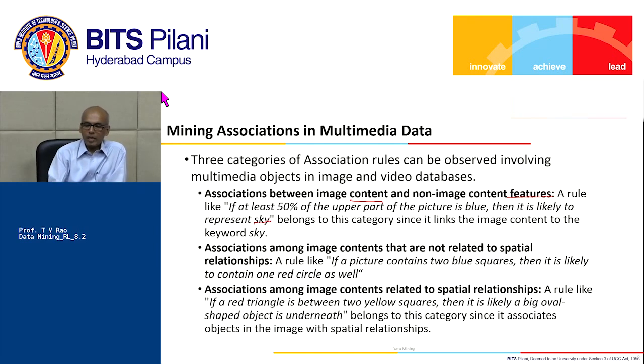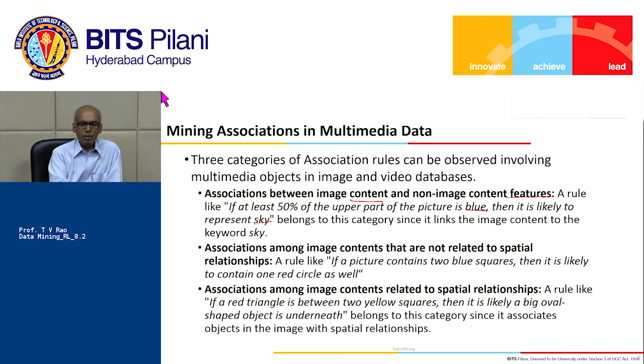The blue is a feature of the image, but sky is something which has nothing to do with the image. We are bringing it from outside, representing association with such keywords. Similarly, some picture may represent a sea, or a car. For that, we need to define a part of the picture and its characteristics, and then associate a keyword from outside. This is one form of association.